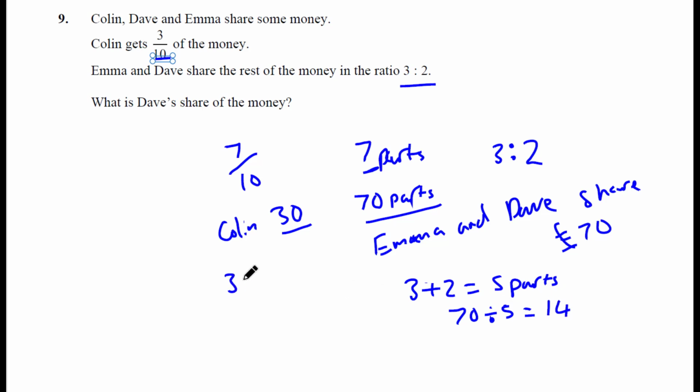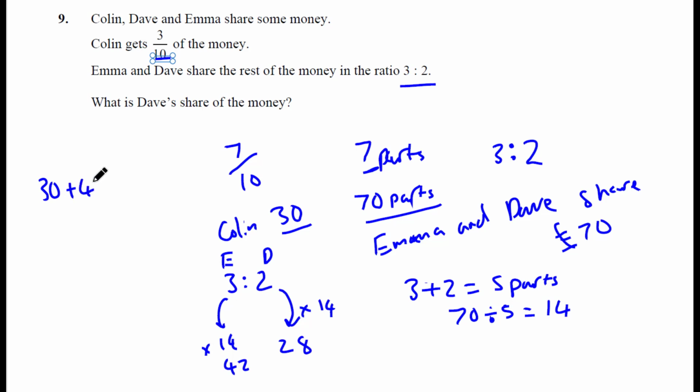So let's write 3 to 2 times 14 times 14. So that's 28 for Dave. That's 42 for Emma. And you can see Colin's 30, add 42, add 28, does equal 100.